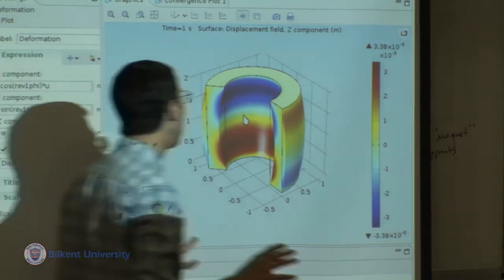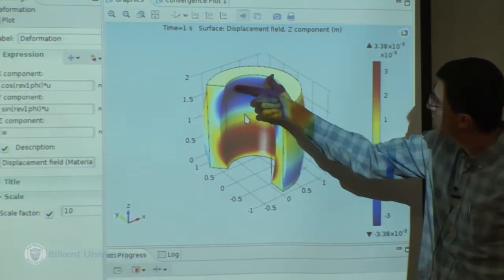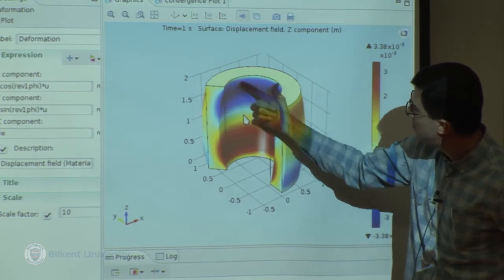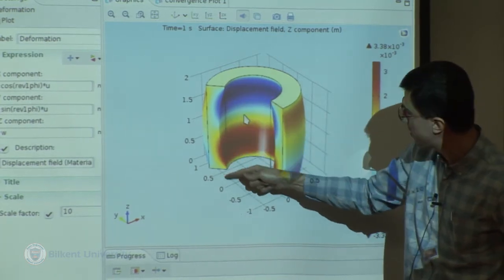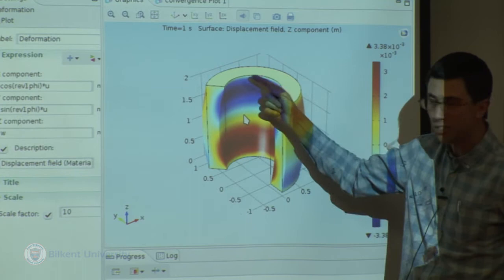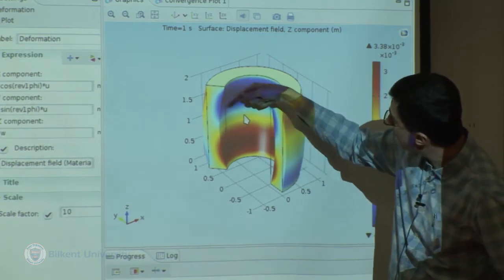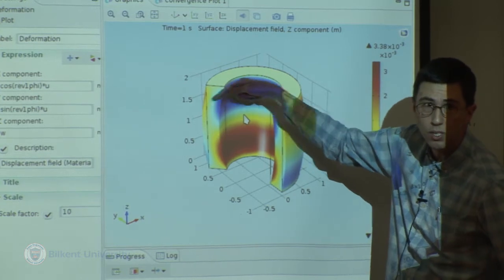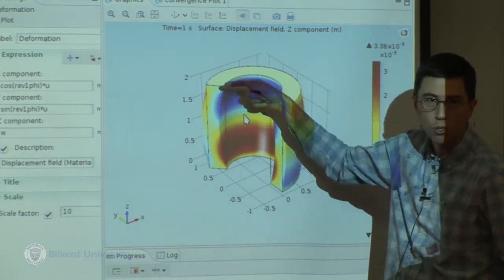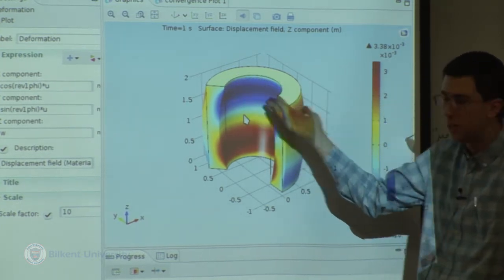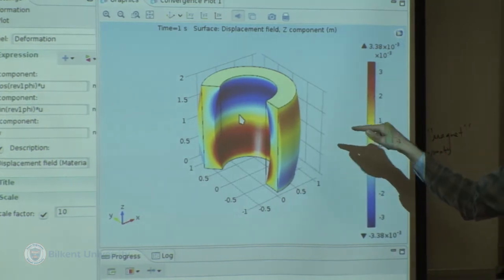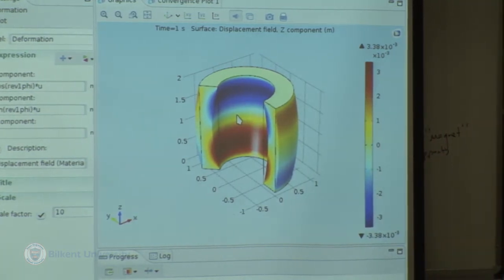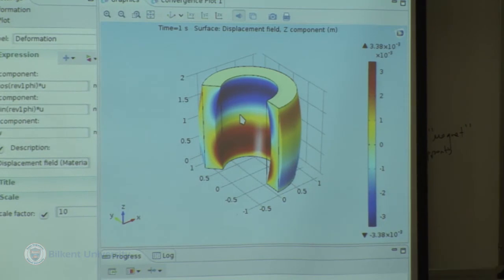Okay, so what I said is, first of all, you see these ends are fixed, and it blows up in the middle, but it cannot move at the end, so that's the end effect. And due to the end effect, we see that there are significant changes in UZ across the radius, across the length. So UZ is obviously not omitted in this case. If you want to solve this setup, you can solve numerically, but not with that analytical approach, with that simplification.